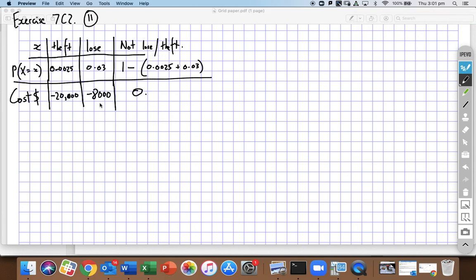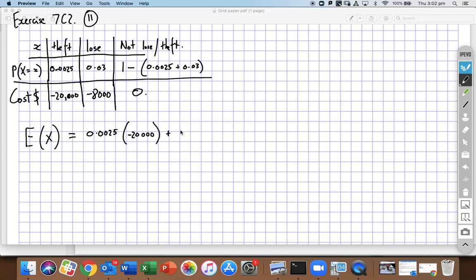Now, all of these questions revolve around expected values. From the perspective of the insurance company, they have potential losses. So there's a 0.25% chance that they're going to lose $20,000.